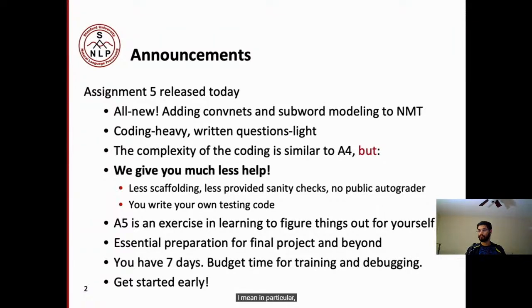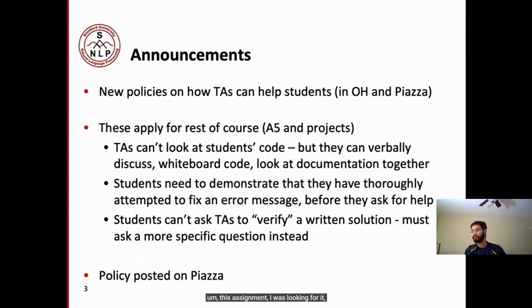I mean, in particular, one particular part of that we were planning to do for this assignment is on the next slide. So for this assignment and beyond, we're going to enforce rules more like they are in CS 107 for those of you who are undergrads, meaning that the TAs don't look at and debug your code for you.